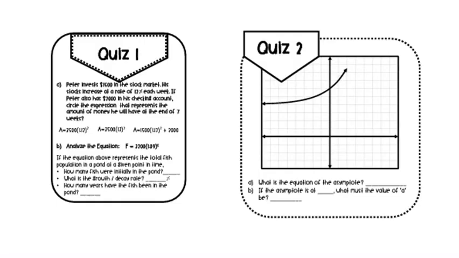Where it crosses is 6, so we're going to say y equals 6. In fact, the asymptote is at 4. What must the value of A be? A has to be 6, because this is where it's crossing the y-axis, if the asymptote is at 4.